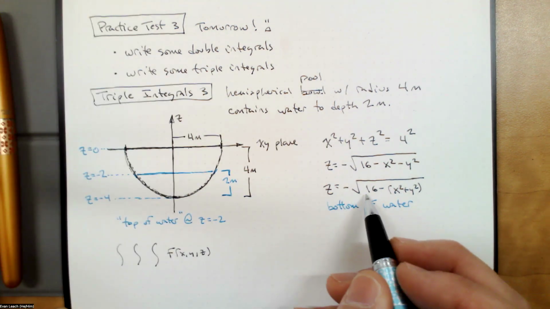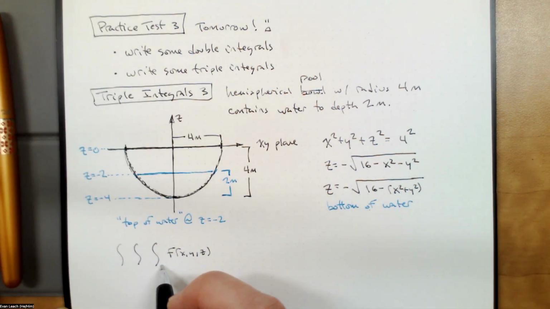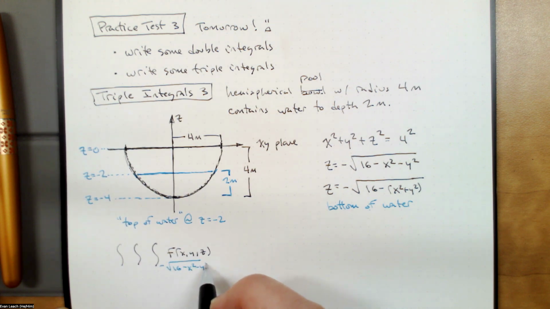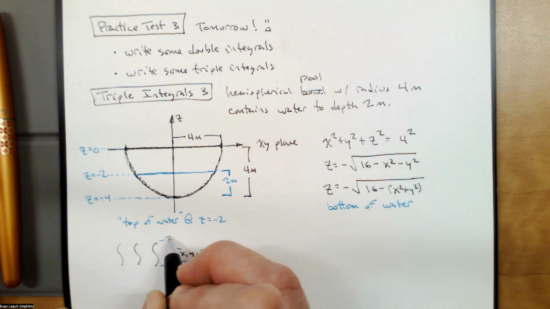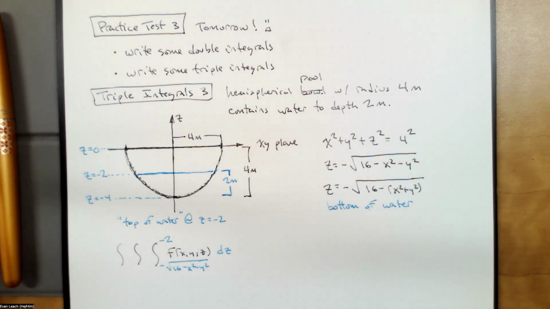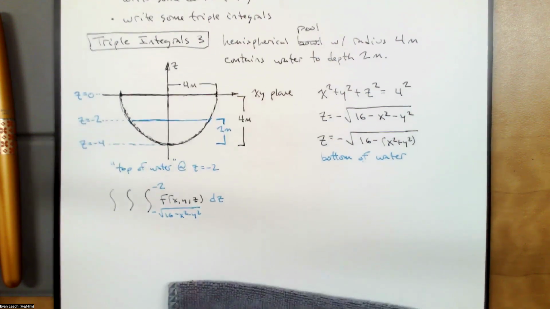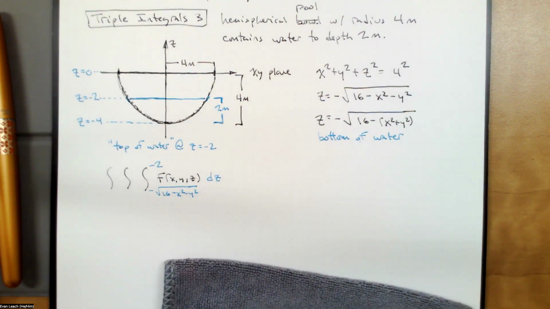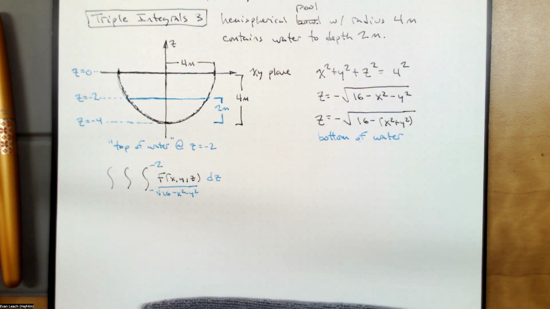If I want z to start off at negative square root of 16 minus x squared minus y squared and stop at -2, I have to set dz up as the first integral. I have to integrate dz first because we've written z in terms of x and y. Early integrals can be functions of upcoming variables. The last integral has to be constants.